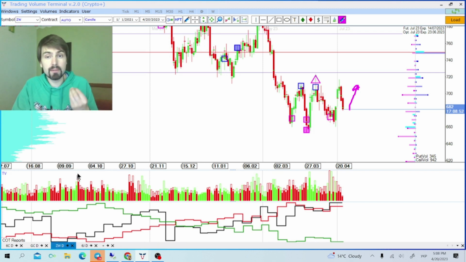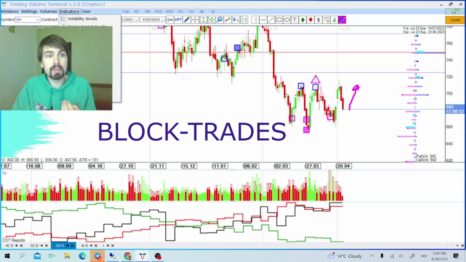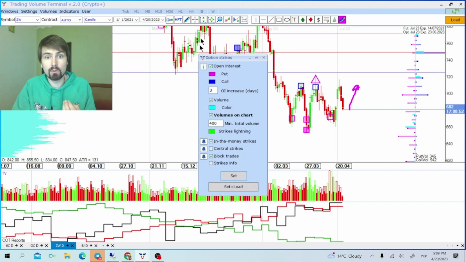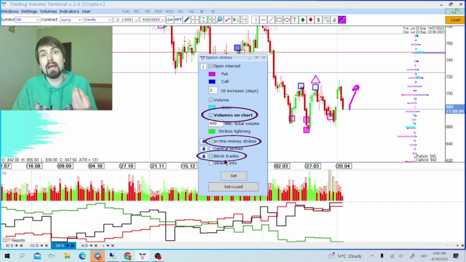Also, a very interesting thing in options is block trades. We can set up block trades in option strikes. We tick volume on chart, we choose in the money strikes, because block trades in the money are most valuable for the market. They are more expensive, and when the traders buy them, it is more important than strikes far from the current price.